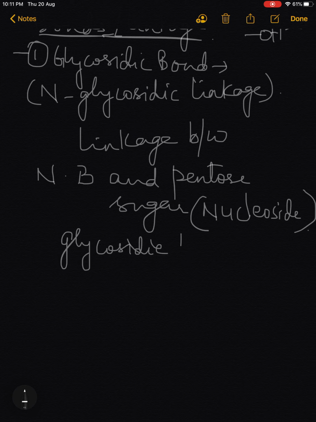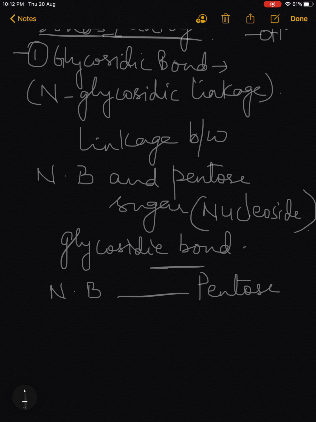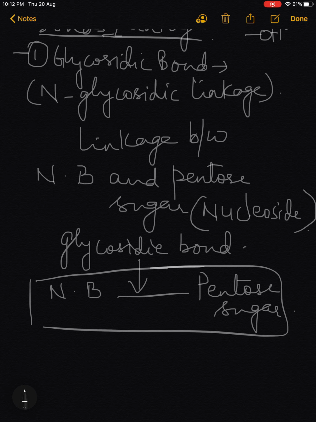The bond is called the glycosidic bond. So when there is a bond between nitrogenous base and pentose sugar, the bond is called the glycosidic bond, and the combination is called a nucleoside.